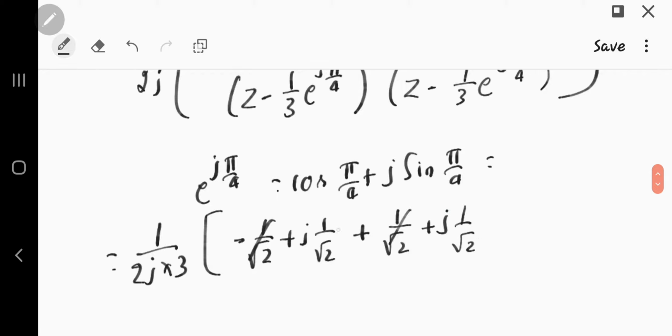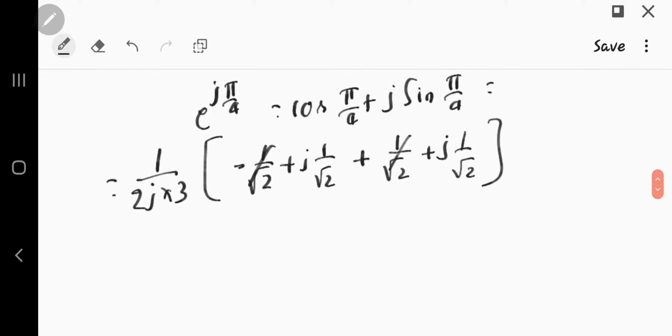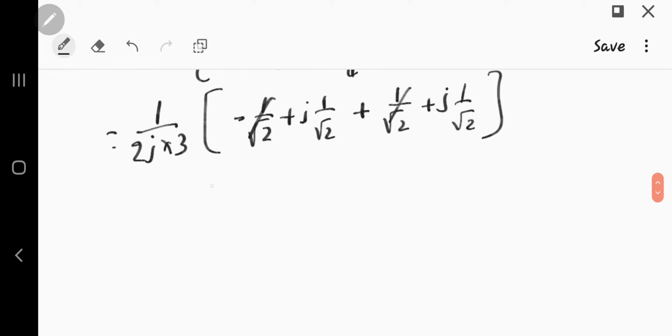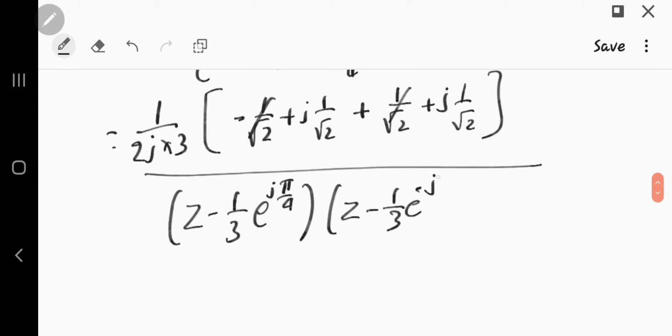These two will get cancelled here, and plus j j, and we'll get 2j 1 by root 2 divided by z minus 1 by 3 e to the power of j pi by 4, and z minus 1 by 3 e to the power of minus j pi by 4.